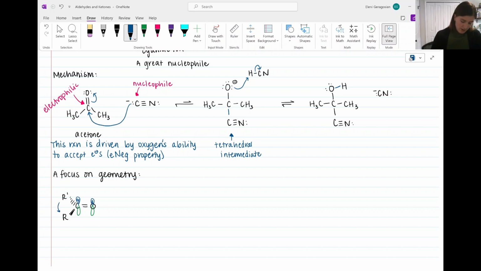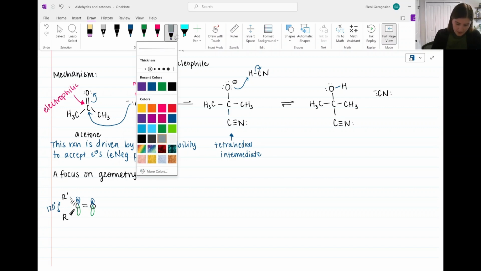And we have a 120-degree bond angle between all three bonds here. So that's characteristic of sp2 hybridized atoms. The carbon here is sp2 hybridized. We can also emphasize the planar nature of this.